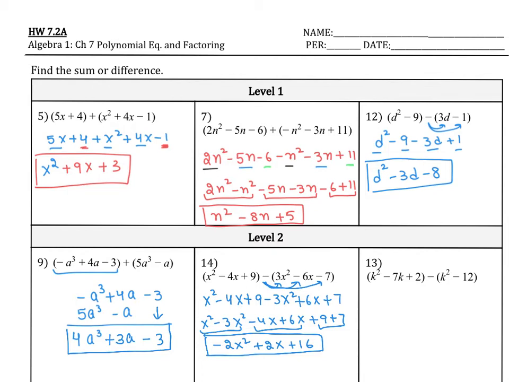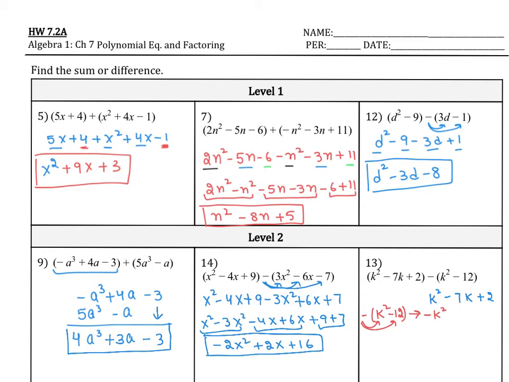For number 13, I'm going to do it with the vertical method. So rewrite k squared minus 7k plus 2. And for the next one, you're going to write negative k squared minus 12 underneath k squared minus 7k plus 2. By distributing the negative, you get negative k squared underneath k squared.